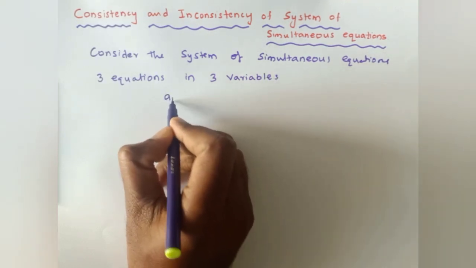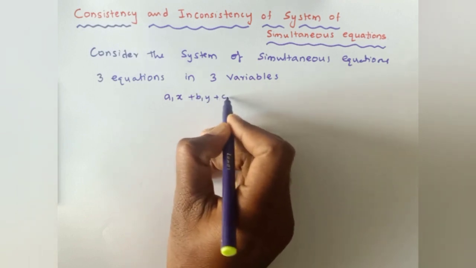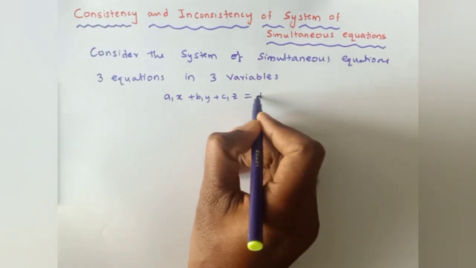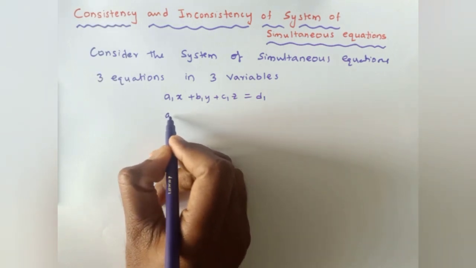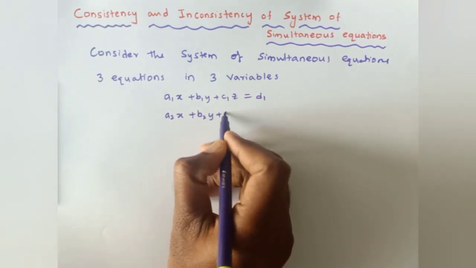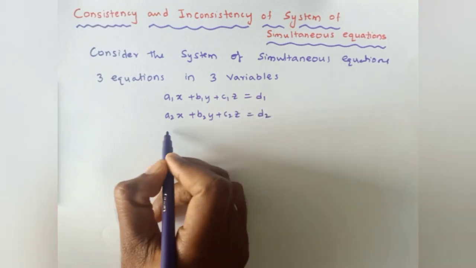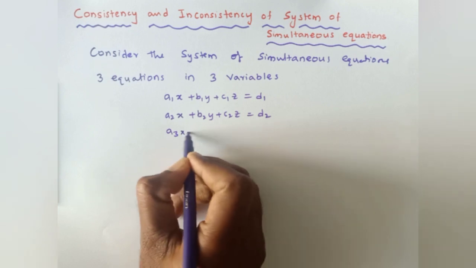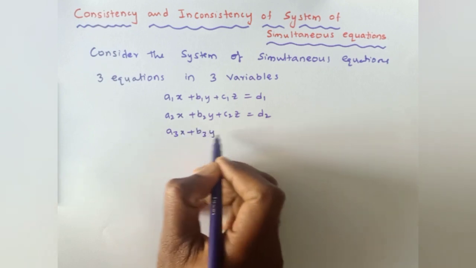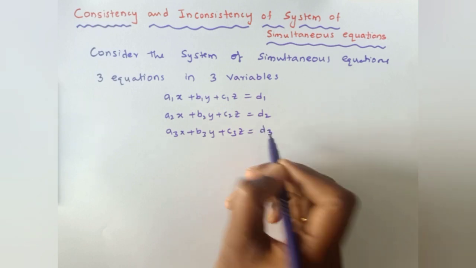So the system of equations are a1x plus b1y plus c1z is equal to some d1, and a2x plus b2y plus c2z is d2, and a3x plus b3y plus c3z is d3.